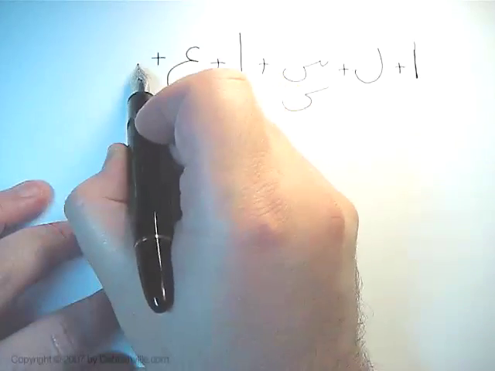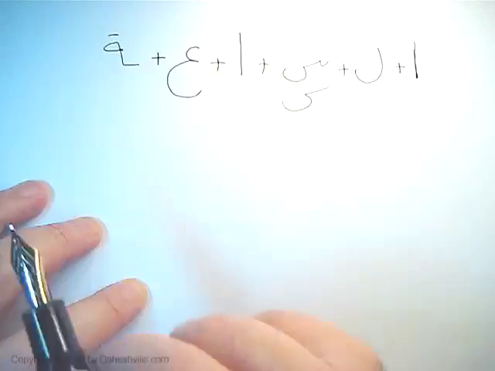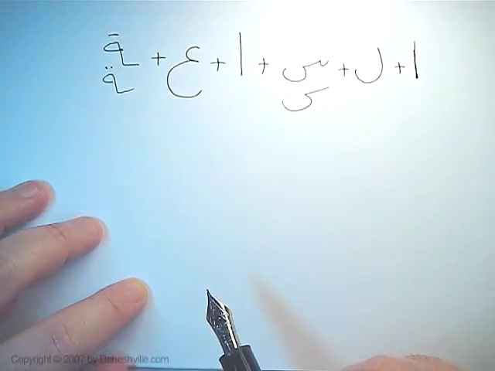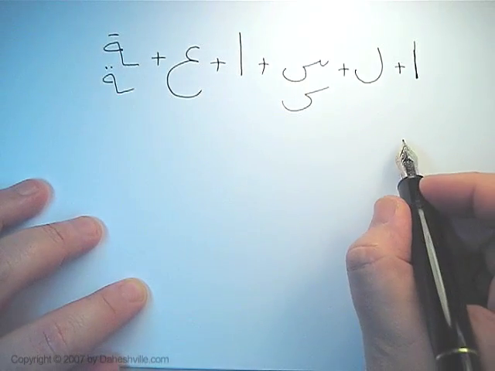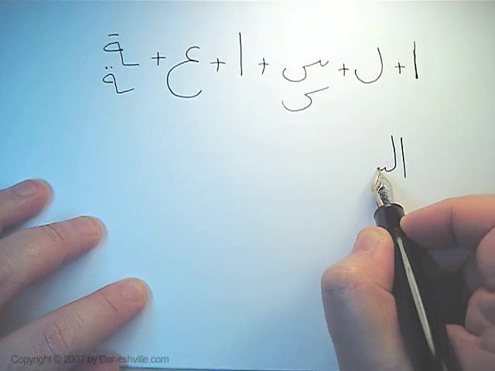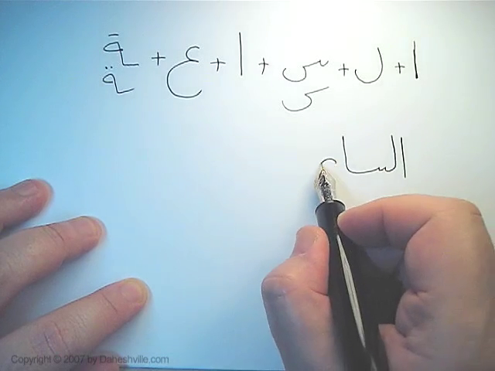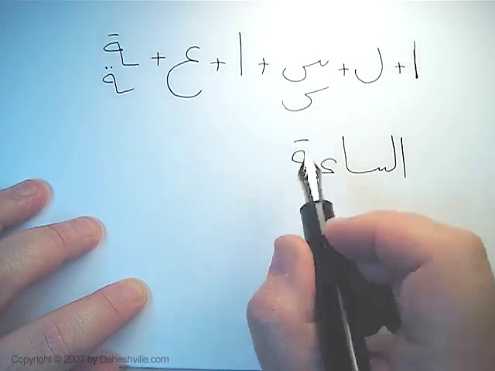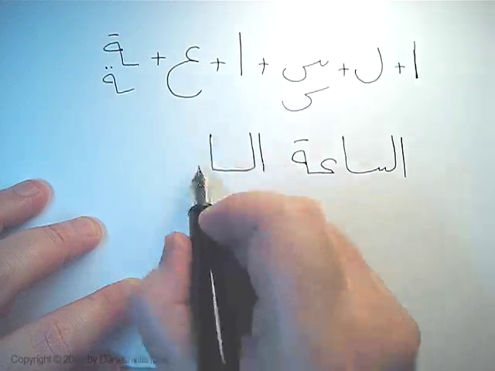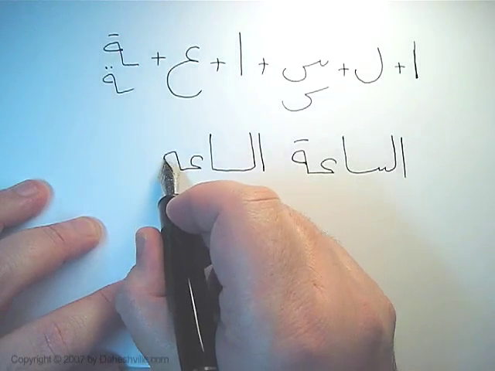Ain, and ta. This form of ta, because it's at the end of the word, pronounced as-sa'a. Hour by itself is sa'a. The hour is as-sa'a. Again, as-sa'a, not al-sa'a.